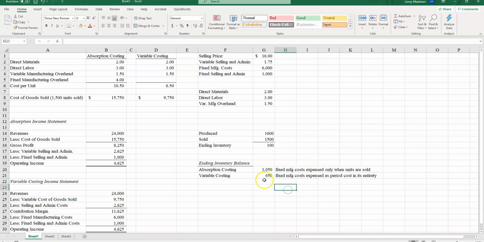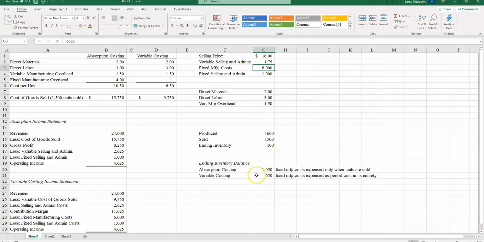So if we have a difference in the level of production versus what's being sold, then we're going to have a different ending inventory balance. And the difference in ending inventory balance is what? $400? That would be the difference in our operating income, because we're going to have the same $6,000 of manufacturing costs.